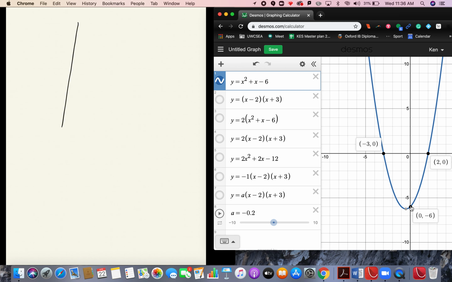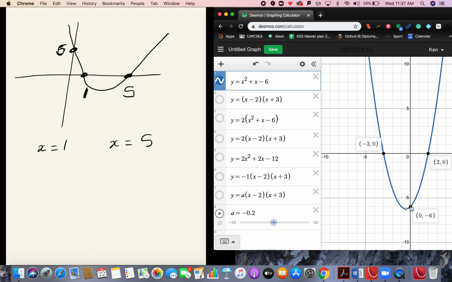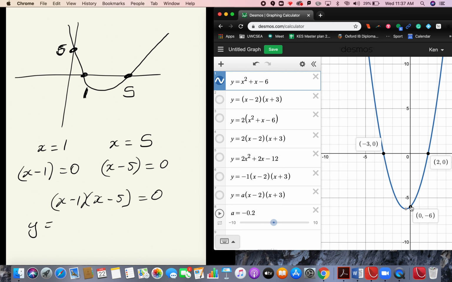If I had this guy here, 5 here and 1 here and 5 there, if we thought about what's the equation of this graph, well, let's try it. x equals 1 and x equals 5, okay, so that form must have been x minus 1 equals 0 and x minus 5 equals 0, so that must have been x minus 1 times x minus 5 equals 0. So that must have been y equals x minus 1 times x minus 5.